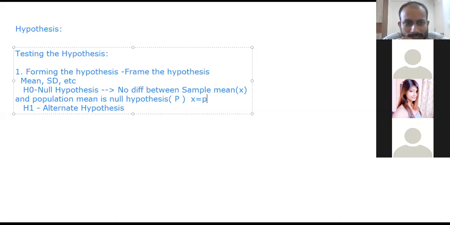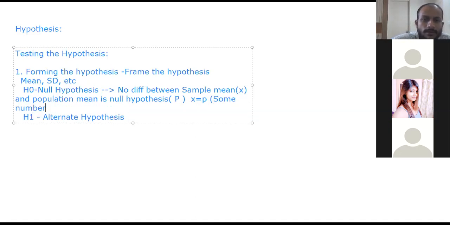This is what we call the null hypothesis. Do you find this in some of the problems? Whenever you're solving, you find x bar is equal to mu, and this population mean may be a population mean or it might be some number. Let's say my Alto car gives 20 kilometer mileage, so that 20 kilometers could also be the population mean.